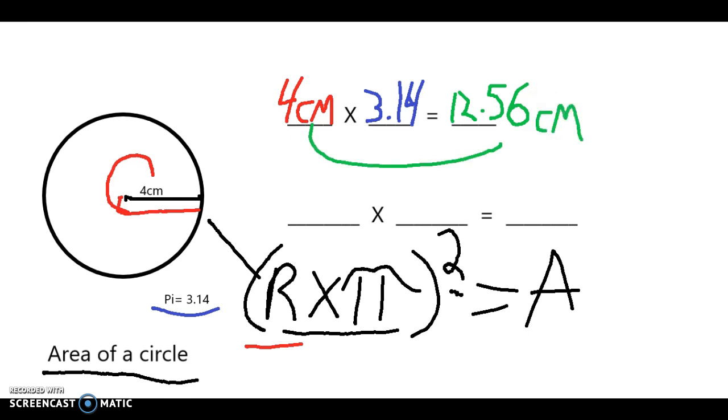Now the next step, I broke it down to make it easier to see. So we're going to take 12.56 centimeters and we're going to multiply it by itself.